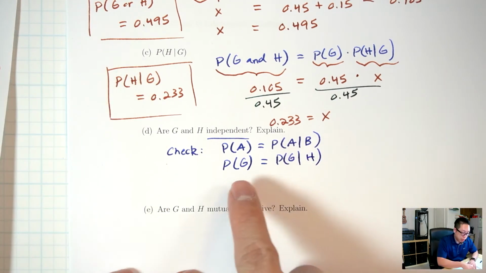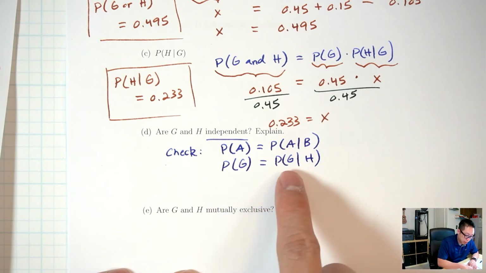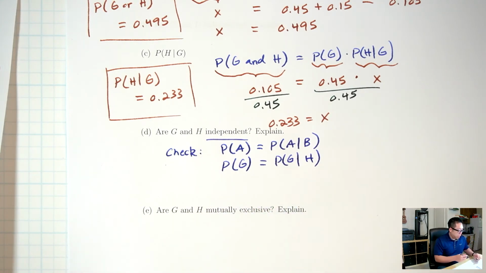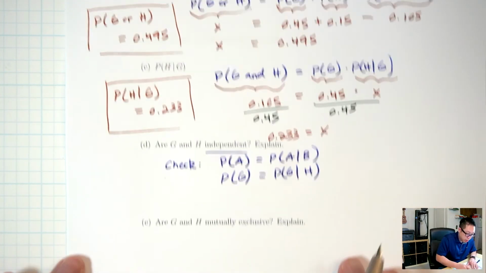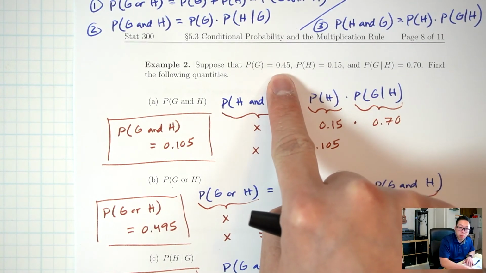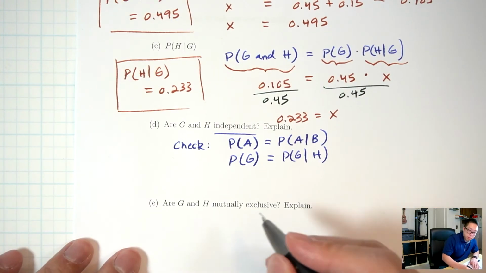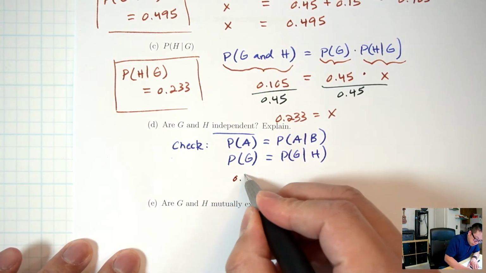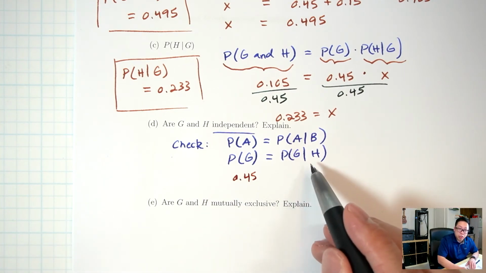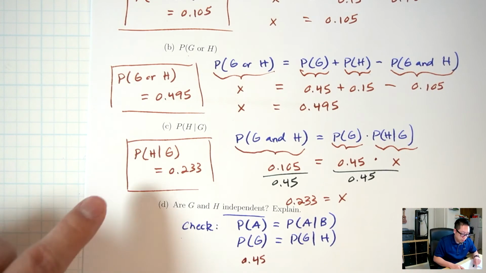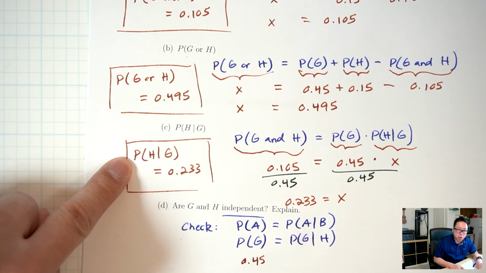Okay, so what we're really checking is probability of G and then probability of G given H. And then you're just going to find the left side and find the right side. So left side, probability of G, we know is 0.45. G given H, that's not it, that's the wrong order.